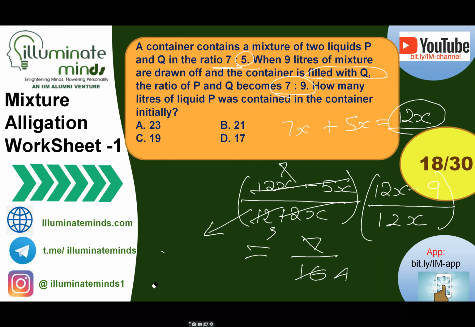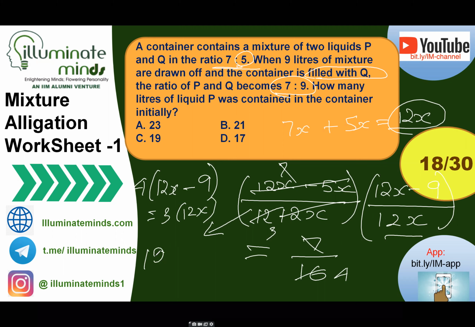So now this becomes what? 4 into 12x minus 9, is equal to 3 into 12x.